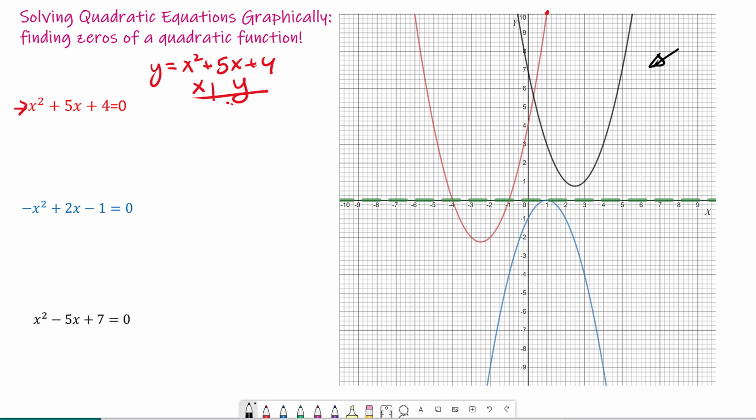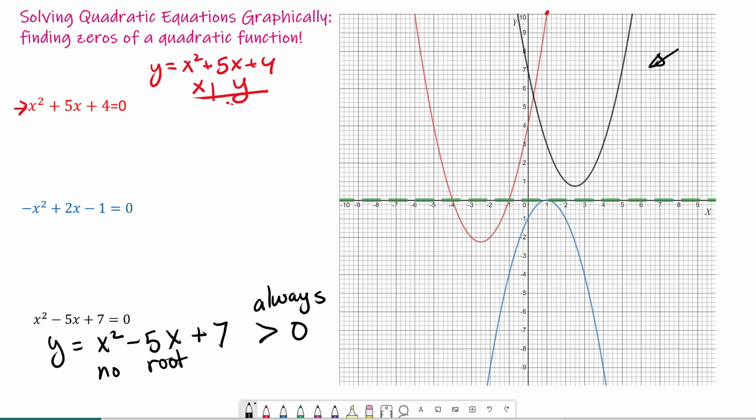Well, if we draw a graph of this quadratic function, y equals x squared minus 5x plus 7, what we find is that it never actually crosses the x-axis. Y is always greater than 0. Not greater or equal, but it's always greater than 0, no matter what x we try. And therefore, we get all these points above the x-axis, never crossing, and so we have no roots.